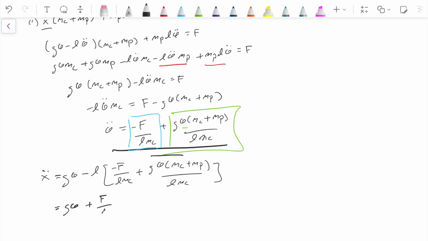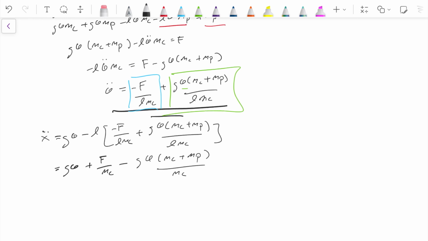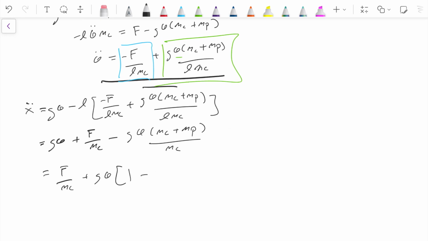We have F over Mc plus or minus, L's cancel, g theta (Mc plus Mp), and then that's divided by Mc. Combining like terms, we have F over Mc and then plus g theta times 1 minus (Mc plus Mp) over Mc.